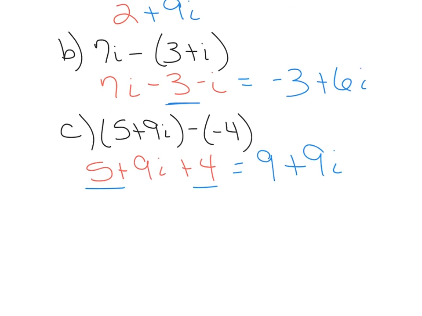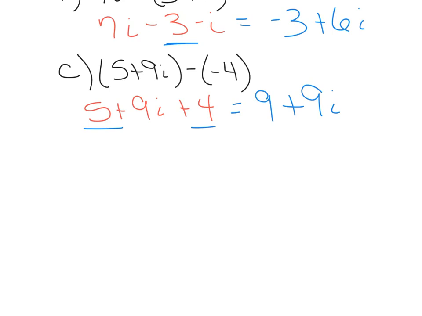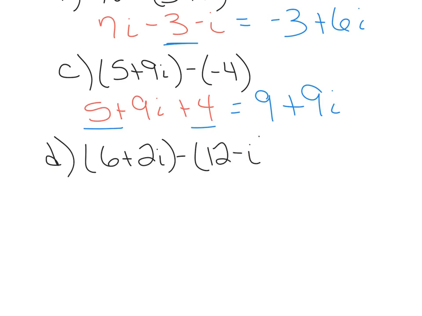All right, letter D. Says 6 plus 2i minus 12 minus i. Again, with a negative symbol here, that has to get distributed, so that's the first thing we're going to do. We're going to simplify this, drop the parentheses.